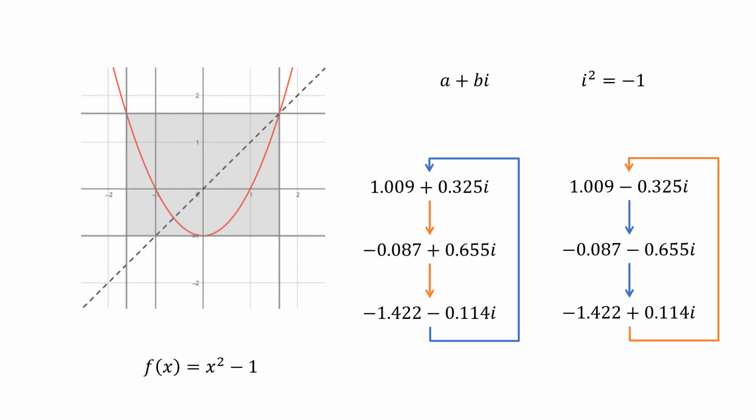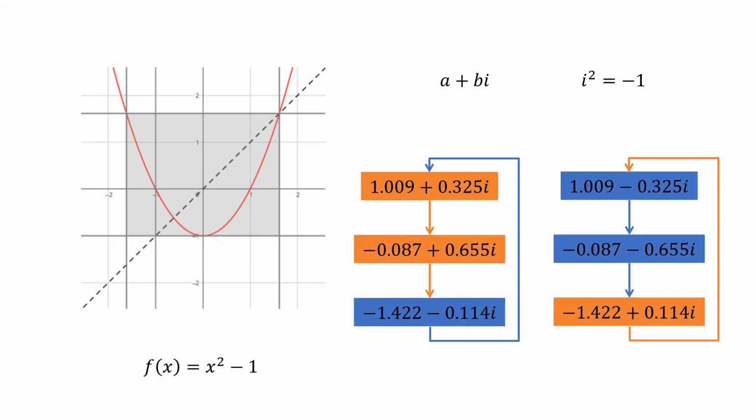The complex numbers point with blue arrows when the imaginary unit is negative, and they point with orange arrows when the imaginary unit is positive. By including complex numbers in our cycles, it is indeed possible to find every single circular arrangement using functions like this.